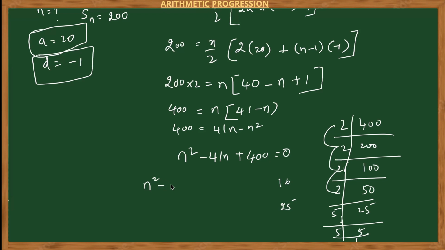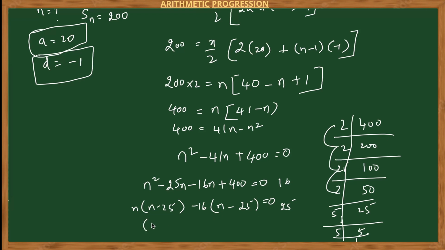So n square minus 25n minus 16n plus 400 equals 0. Let's take n outside: n into n minus 25, minus 16 outside, n minus 25, which gives plus 400.